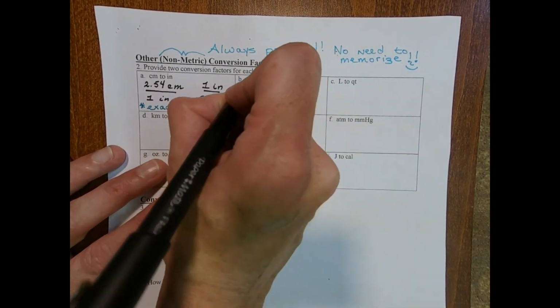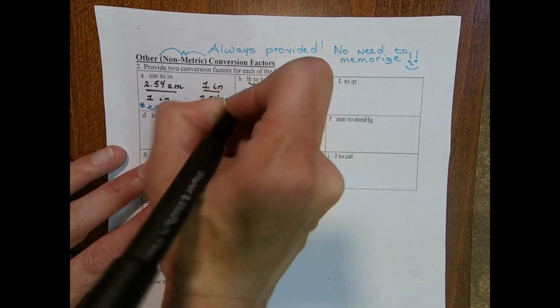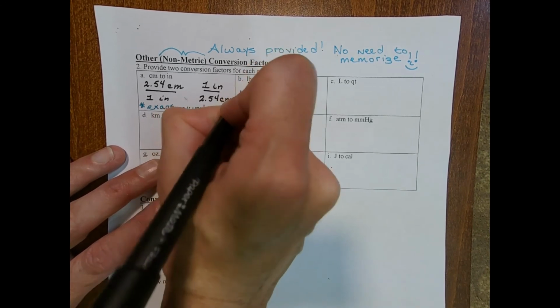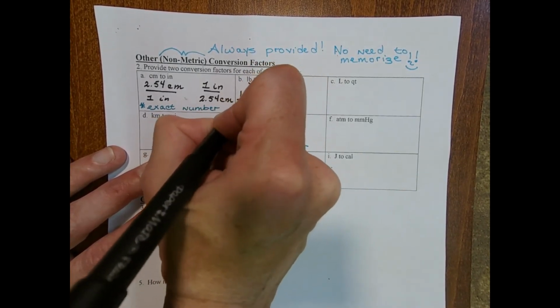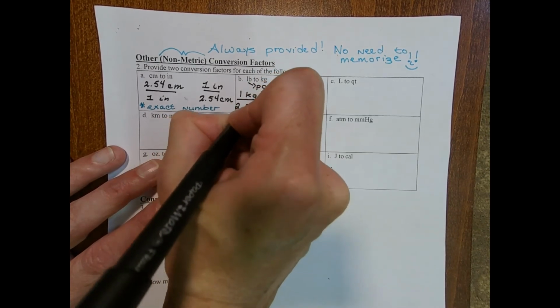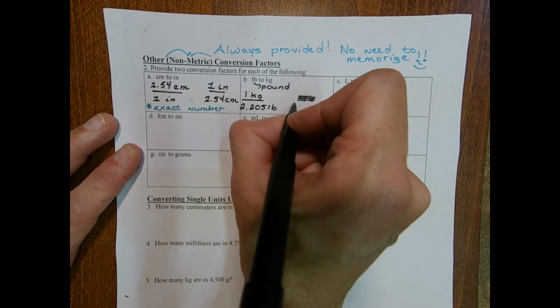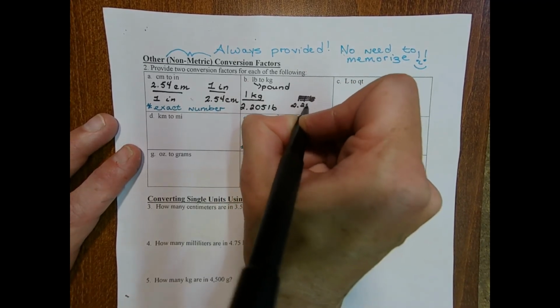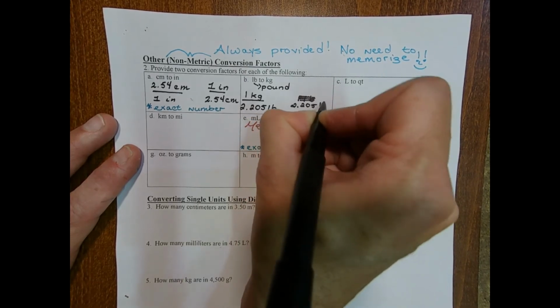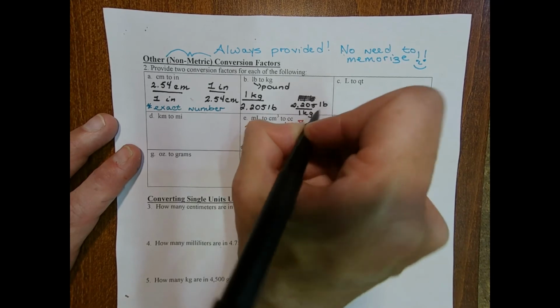Pounds, so that's the abbreviation for pounds, LB, pounds to kilograms. And so we'll say 1 kilogram has 2.205 pounds. So we can flip that and state that there's 2.205 pounds in 1 kilogram.